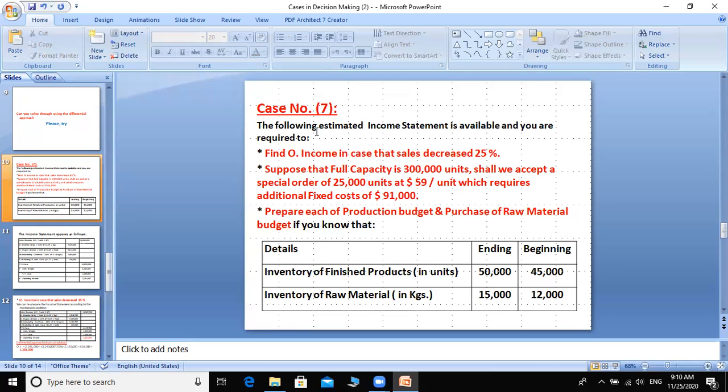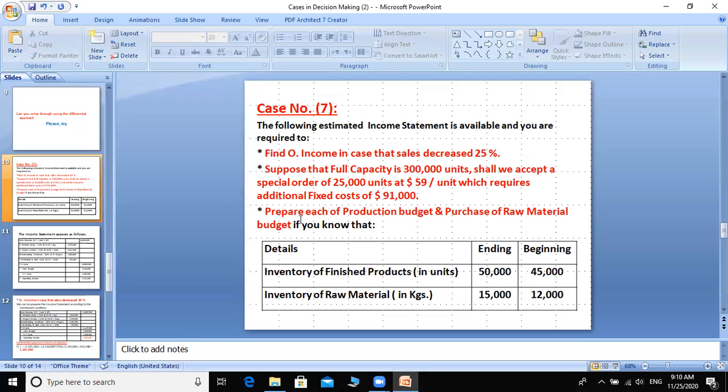He is saying that the following estimated income statement is available and you are required to, number 1, find operating income in case that sales decreased 25%. Suppose that full capacity is 300,000 units. Shall we accept a special order of 25,000 units at $59 per unit, which requires additional fixed cost of 91,000? This is the second requirement.